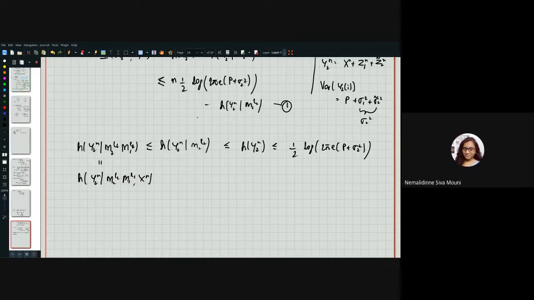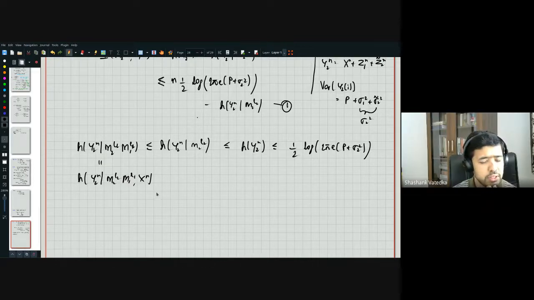As m1 is dependent on xn. It's not exactly true. So I'm saying that this is an equality, right? It's not an inequality. So what can you say about xn in terms of m1 and m2?